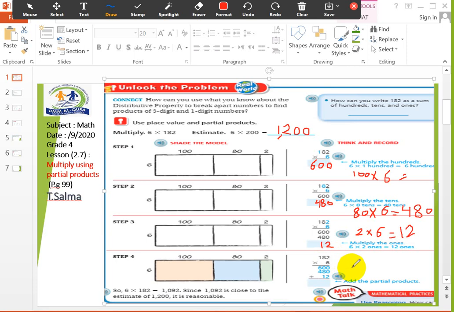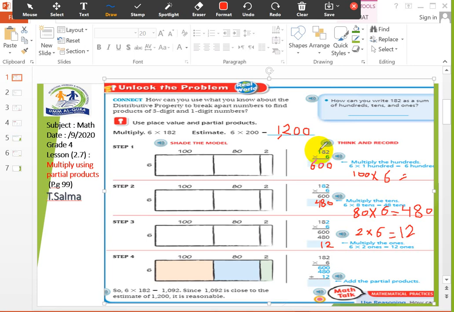Okay? So, to find the answer for this multiplication, I have to multiply the value of each digit by 6. So I have to multiply first the 1 in the hundreds digit.